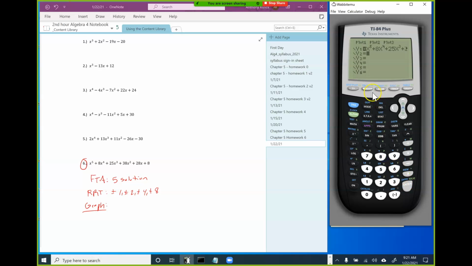So I got that typed in. I'll set my window now. So the smallest thing on my RRT list is -8, and the biggest thing is +8. So I'll go ahead and put those in as my X mins and X maxes, and then take a look at my picture.